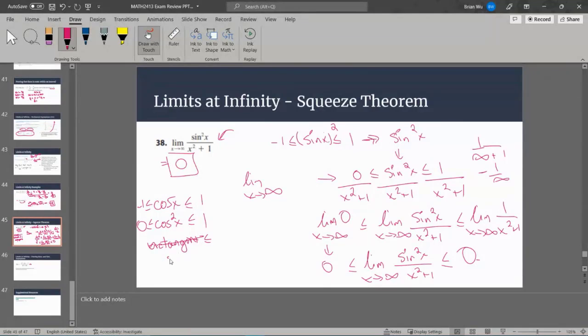Okay, one of the tutors says that it's between -pi/2 and pi/2. Oh yeah, that makes sense. But most likely you're going to see cosine or sine in this case. So if you see one of these, cosine, sine, or arctan, essentially you can use the squeeze theorem if it goes to infinity.